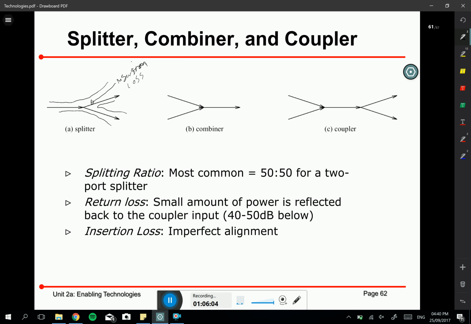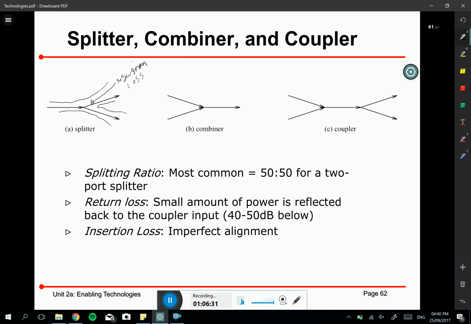You can add after the combiner, and then you split. Okay? This is called a coupler. You have two different signals, you put them together on both the outputs.